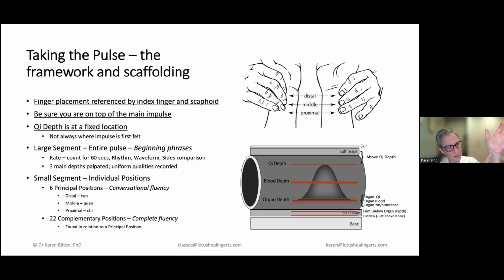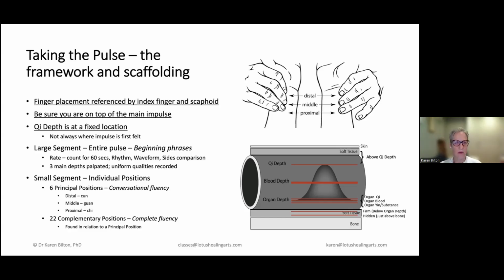They can be really medial. So you just need to make sure that all three fingers are on top of the main impulse. If you've got one that starts more laterally and runs more medially, you've got to make sure that the ring finger is on that proximal position. If you're just having it straight up and down, you might actually just miss the proximal position.